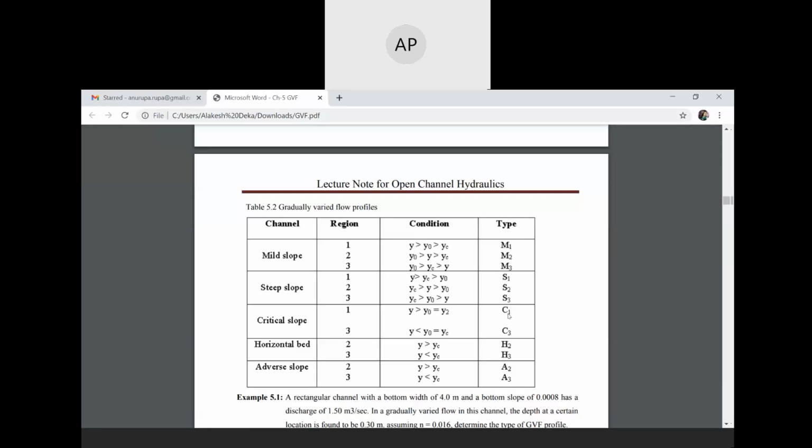And in case of critical slope, there are only C1 and C3 profiles. So remember these conditions. For horizontal bed, there are H2 and H3 profiles. And adverse slope, again only A2 and A3. All these conditions you remember.